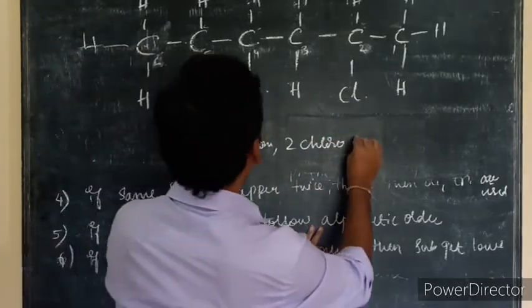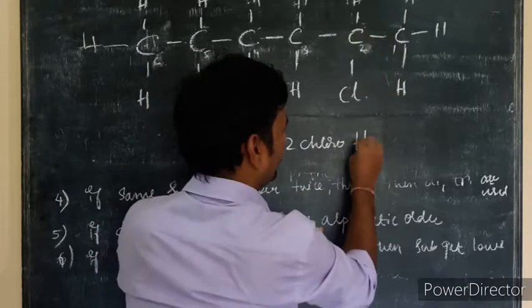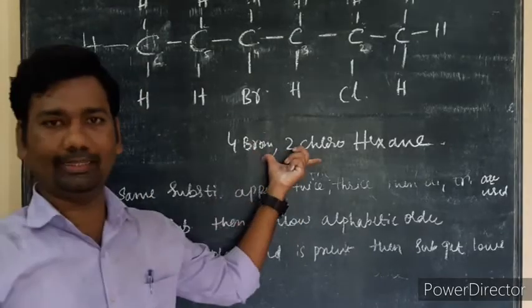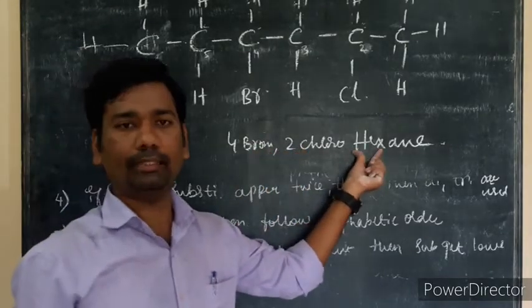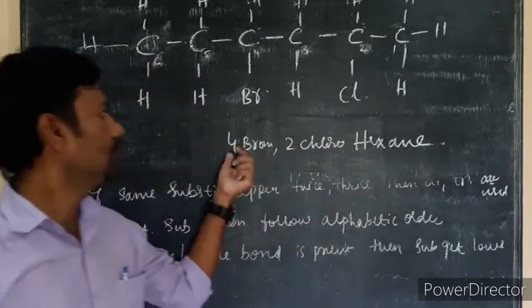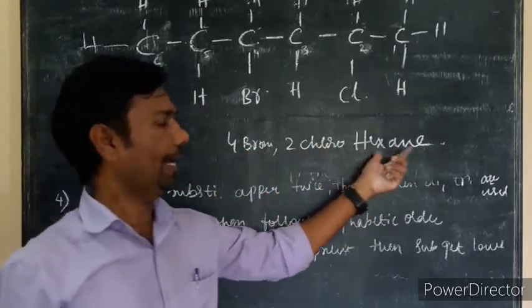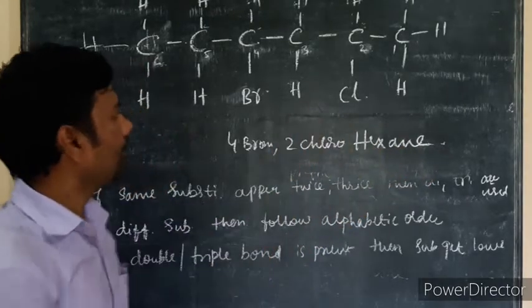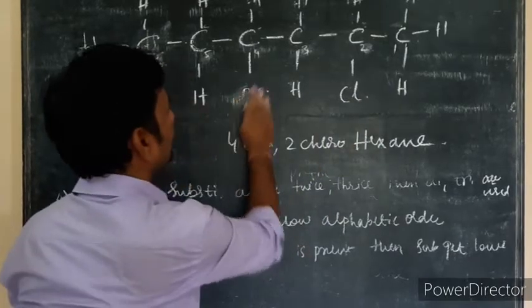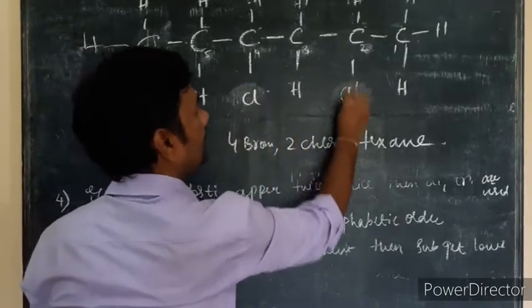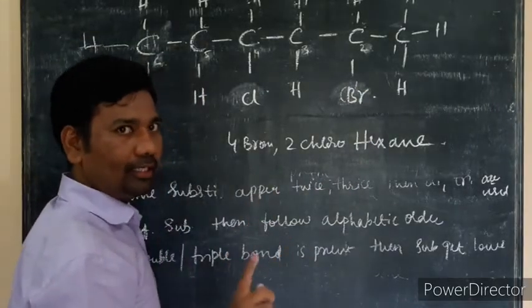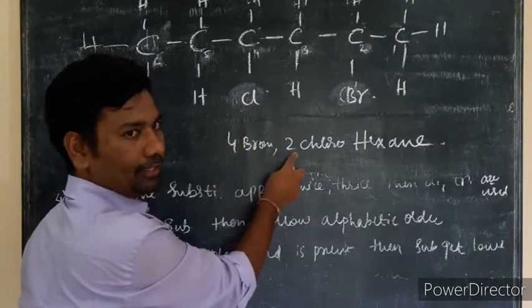Then hexane, 1 to 6. So bromo chloro is a prefix, hex is the word root, ane is your suffix. So 4-bromo-2-chlorohexane. If chlorine is here and bromine is here, according to alphabetical order, let it be its position, leave it.